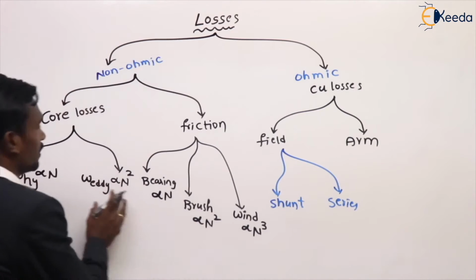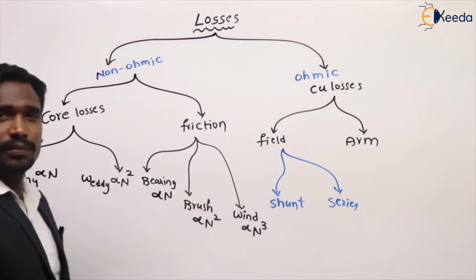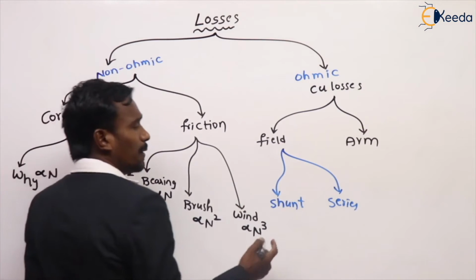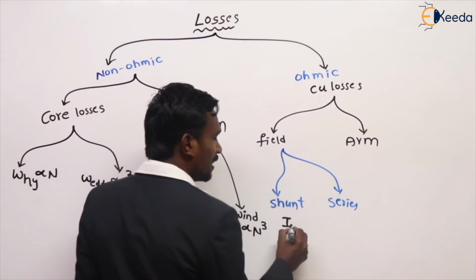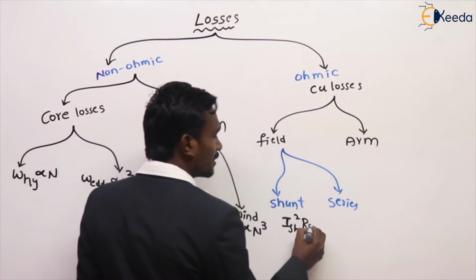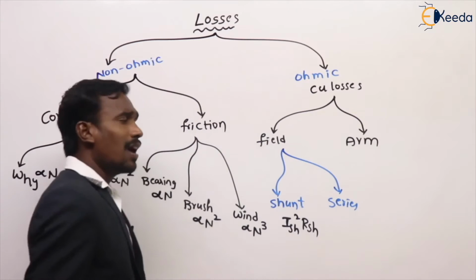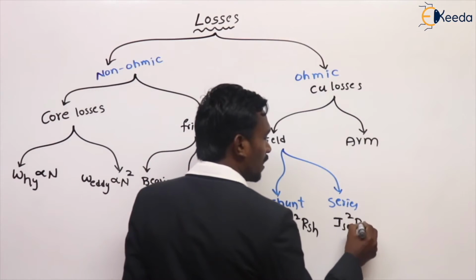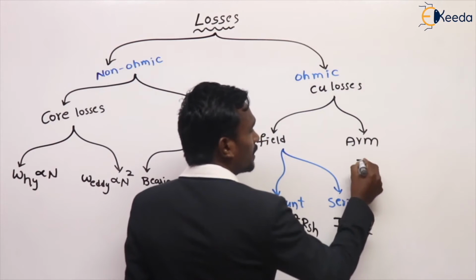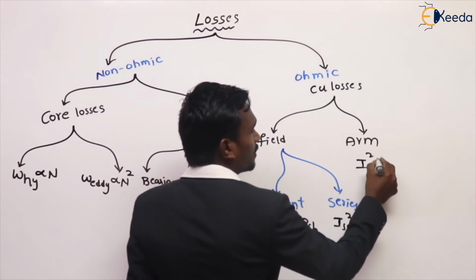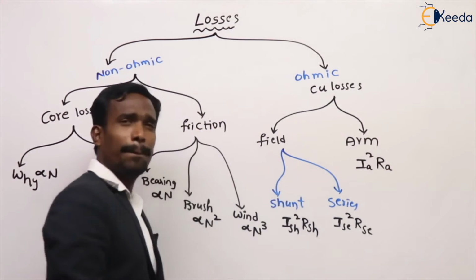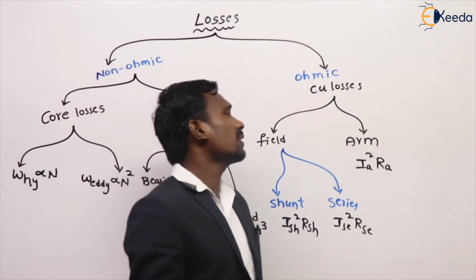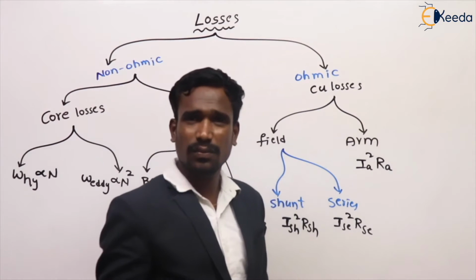This is important, these depend on speed. Shunt field losses are ISH square RSH, series field losses are ISE square RSE, and armature losses are IA square RA.